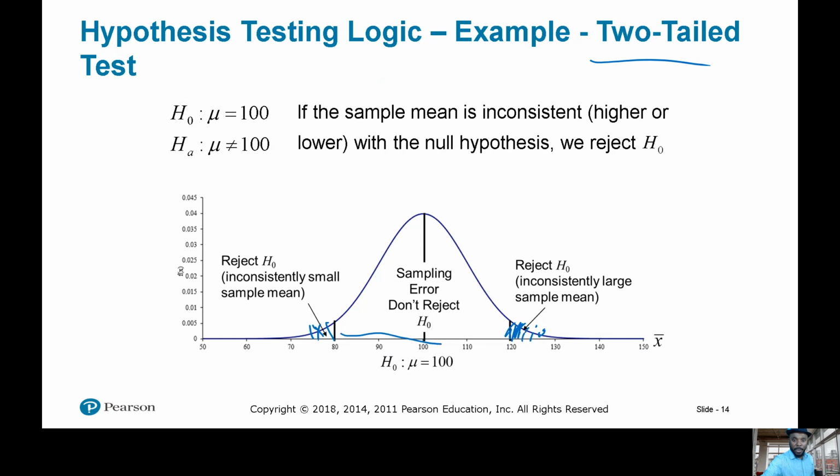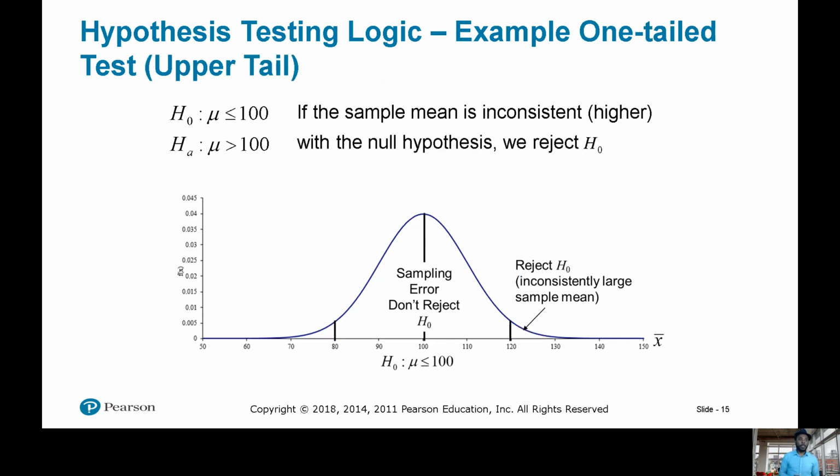And this other area here is the fail to reject region, which I'll call FTR. If we are looking at a one-tailed test, the rejection region is only to the right here, and this whole other region is the fail to reject region.